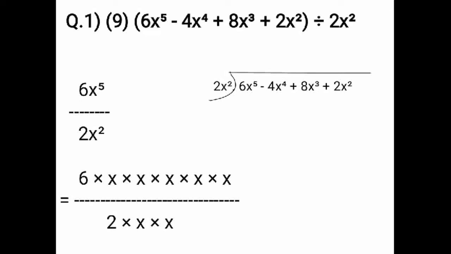Table which is going, you have to do the cancellation now. Number 6 is going 2 table. Number 2 is already there on denominator. 2 ones are 2, 2 threes are 6. Now you have to cancel both the x on numerator denominator, because on denominator only there are 2x.